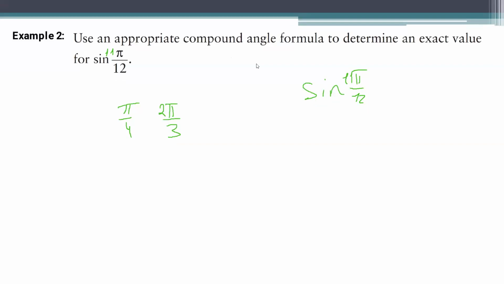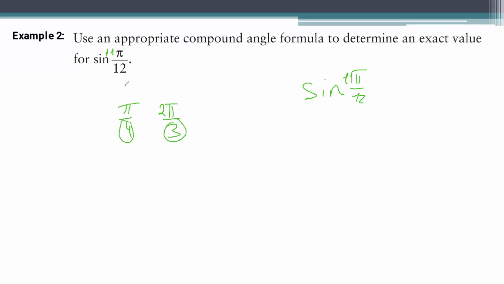So why did I choose pi over 4 and 2 pi over 3? First of all, because the denominators 4 and 3 are factors of 12, and those are special angles that we can use, right?